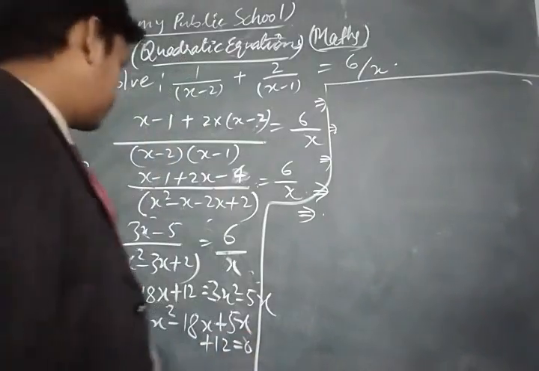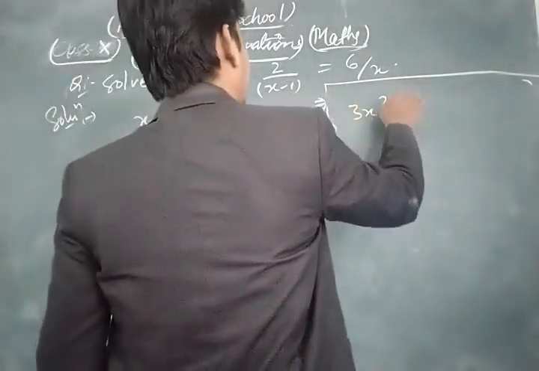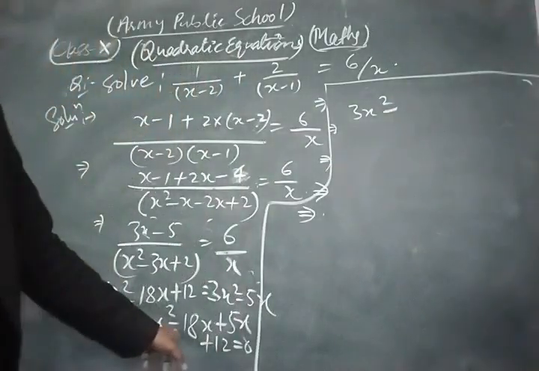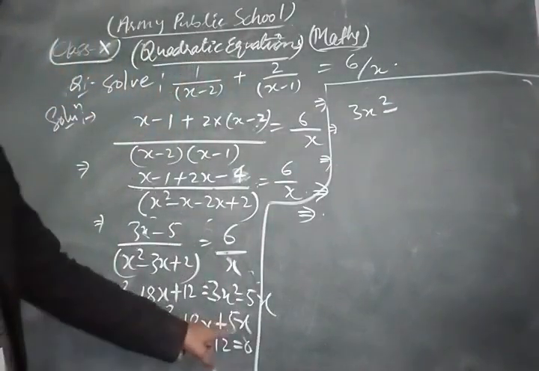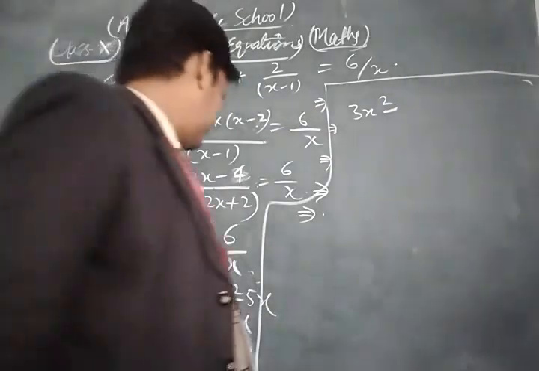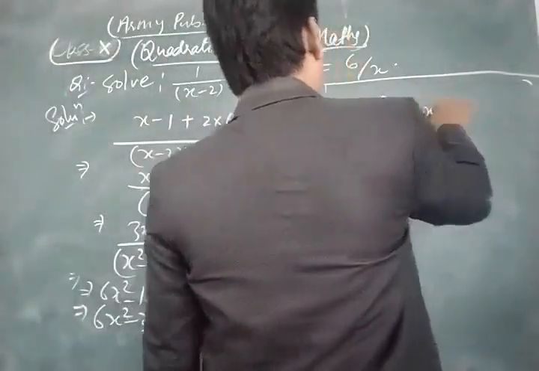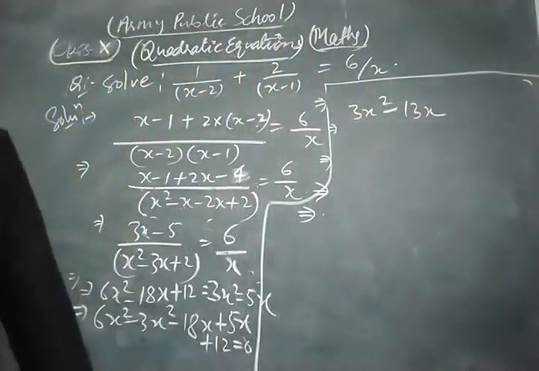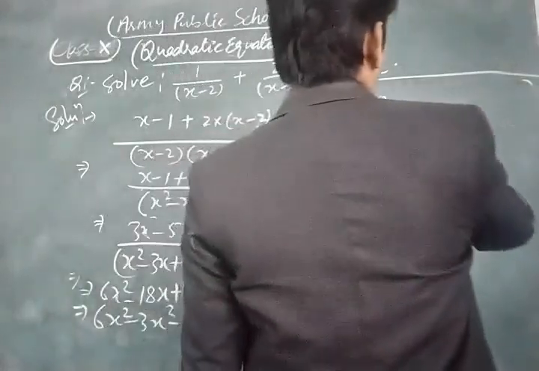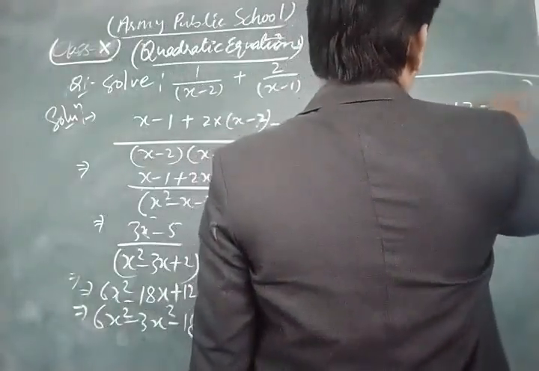Now look, 3x square is left, minus 12x minus 5x, that is minus 13x, and plus 12 is equal to 0.